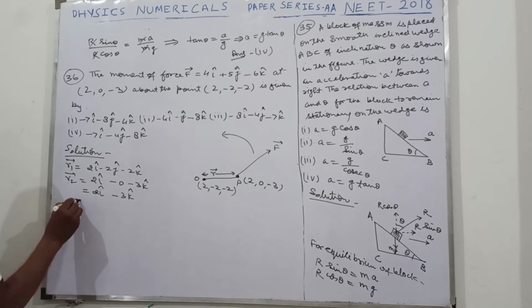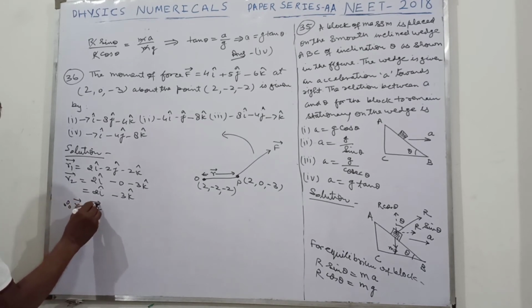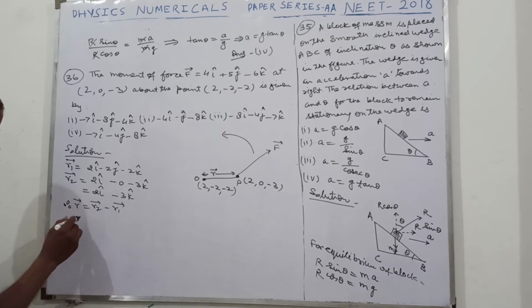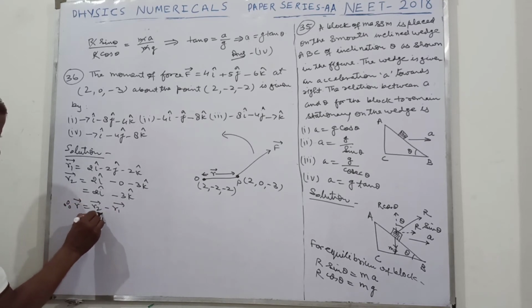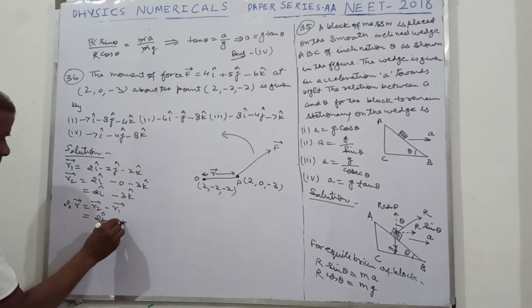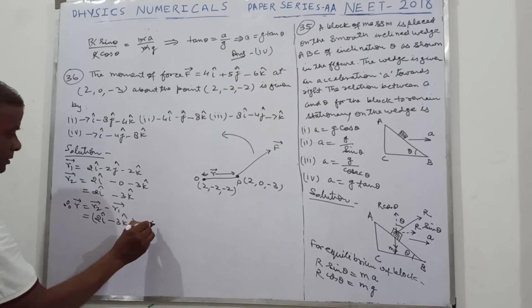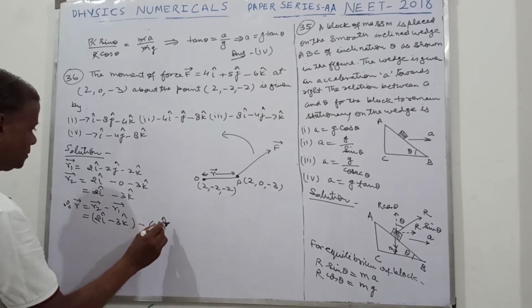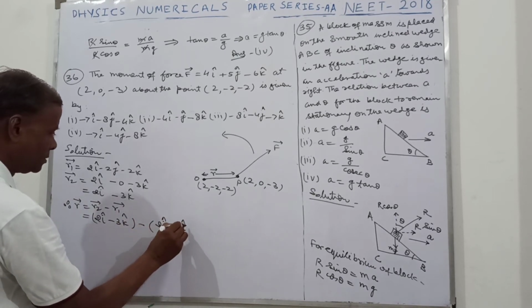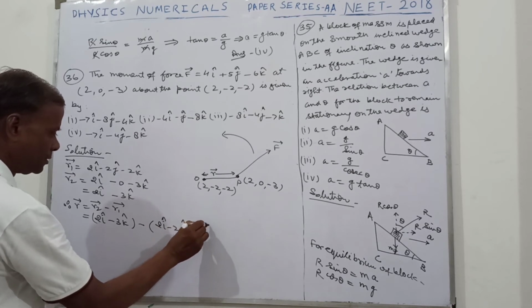Now this R is equal to R2 minus R1. R2 is 2i minus 3k, minus R1, which is 2i minus 2j minus 2k.